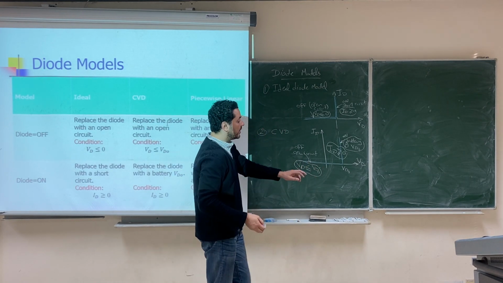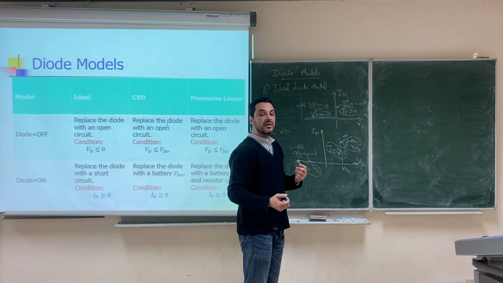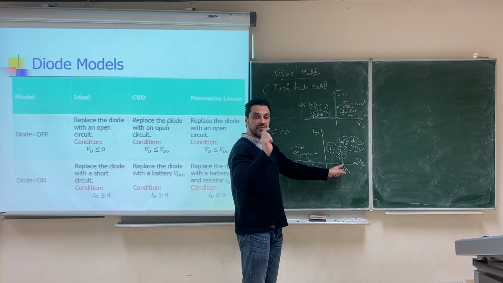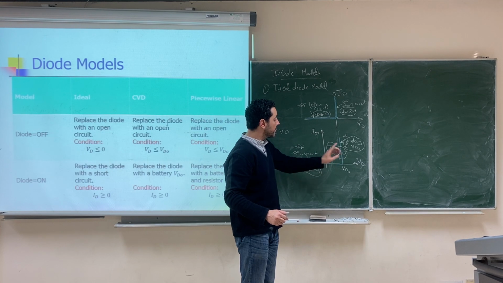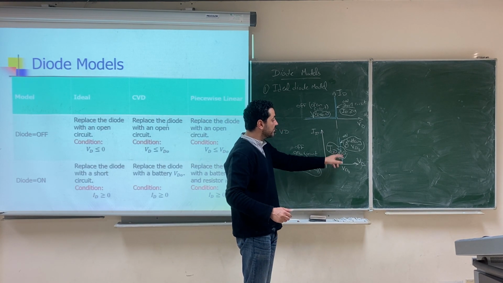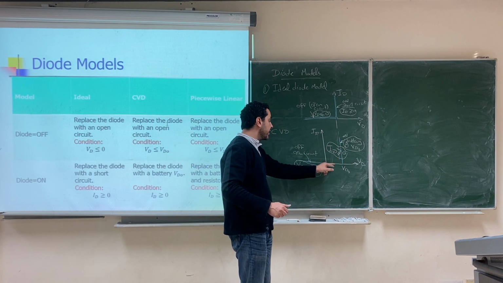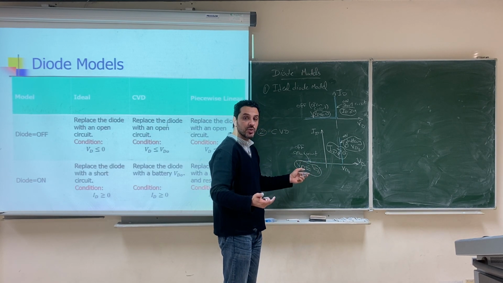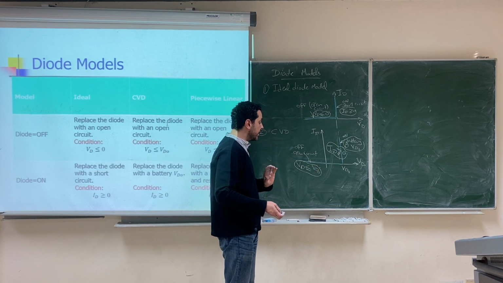So when the diode is on in this region, you can represent it as a battery of value VDO, because the voltage will be fixed at VDO and the current can take any positive value. The current of the diode must be greater than or equal to 0. You can consider that this is the condition for the diode to be on, and you can represent it as a battery. Here, you can represent the diode as an open circuit, but the condition is that the voltage of the diode is less than VDO.